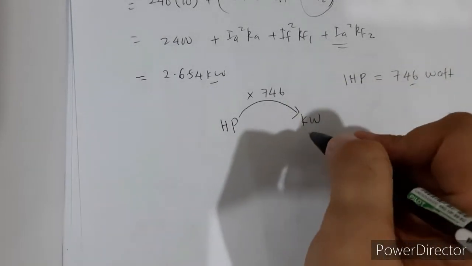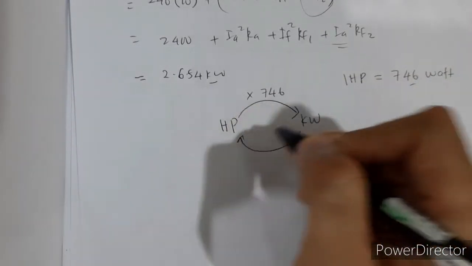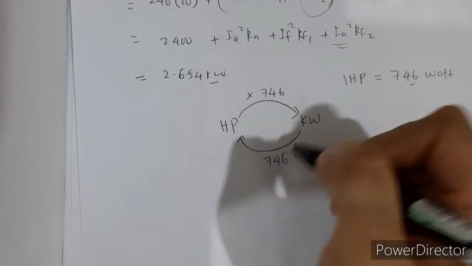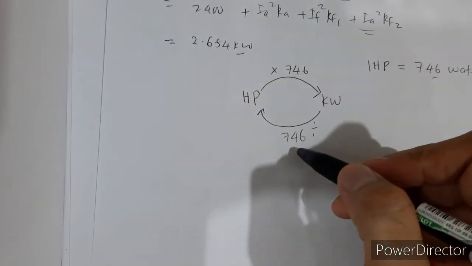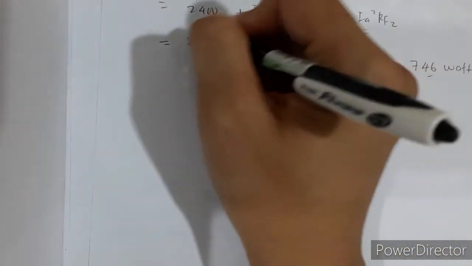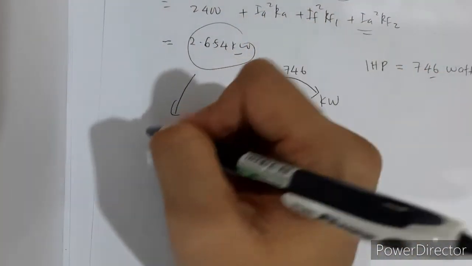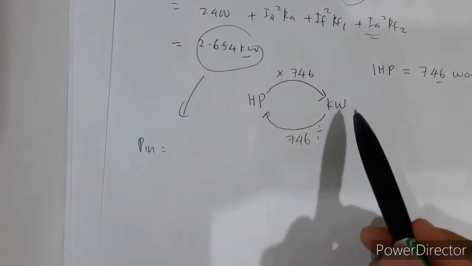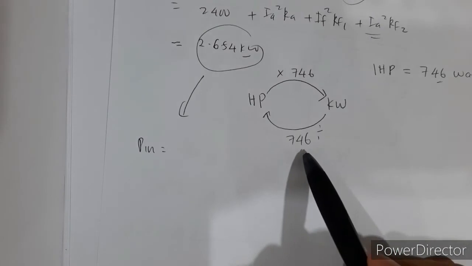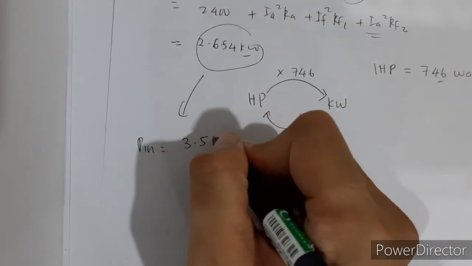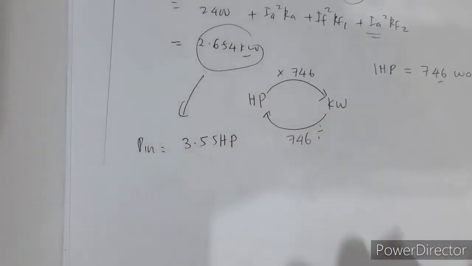And then from kilowatt to horsepower, we have to divide by 746. So this one is multiply, this one must be divide. So to convert P in from kilowatt to horsepower, divide by 746. If you divide, the answer is 3.55 horsepower.